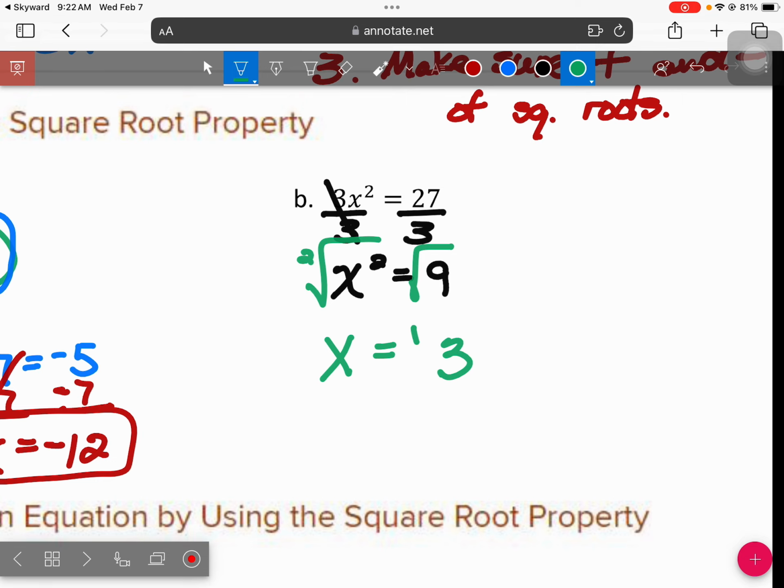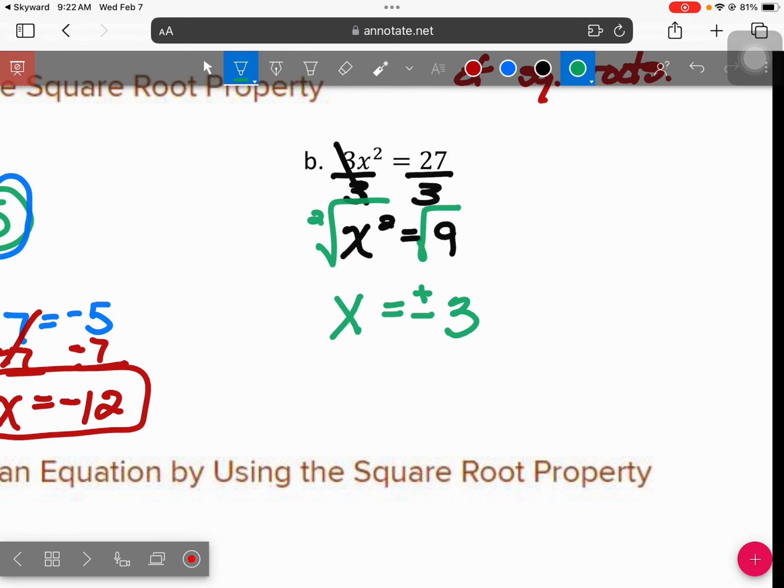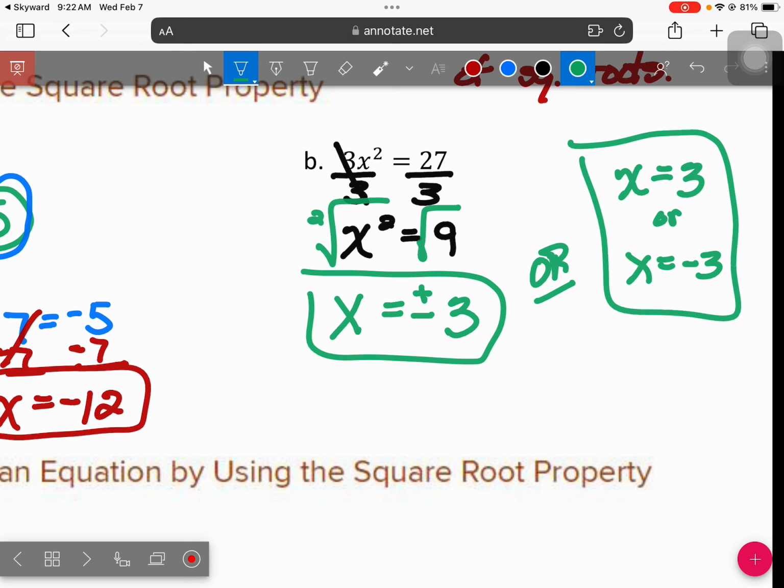And I have to talk about the positive and the negative. So you can leave it like this, or you can write it as x equals positive 3 or x equals negative 3. You can write it out like this. But there should be two answers. Okay?